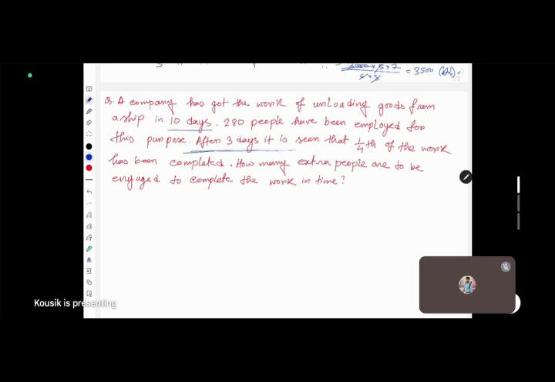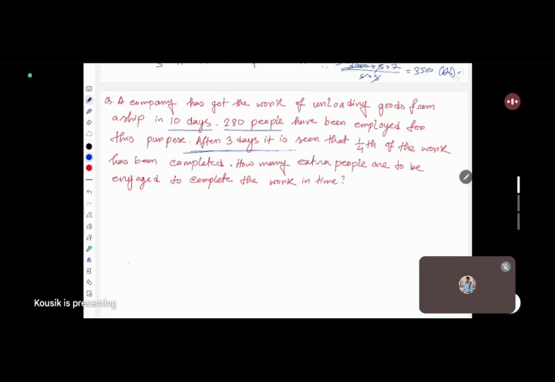Okay, this is taken for 10 days. 280 people have been employed for this purpose. So 280 people will complete the work in 10 days. Okay, after 3 days, it is seen that one-fourth of the work has been completed. So after 3 days দেখা গেছে, তিনটে এখানে ভেরিয়েবল আছে, কি কি আছে?